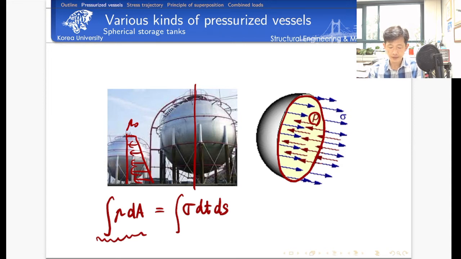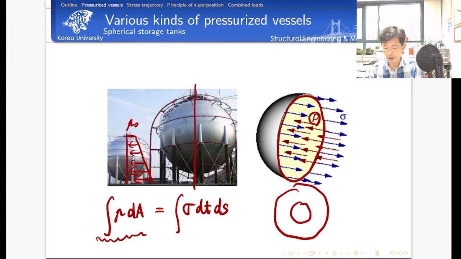Let's say this is the inner diameter and the outer diameter. And then this quantity is very simple. The pressure times the inner cross-sectional area, the D inner squared, isn't it? The problem is this guy.